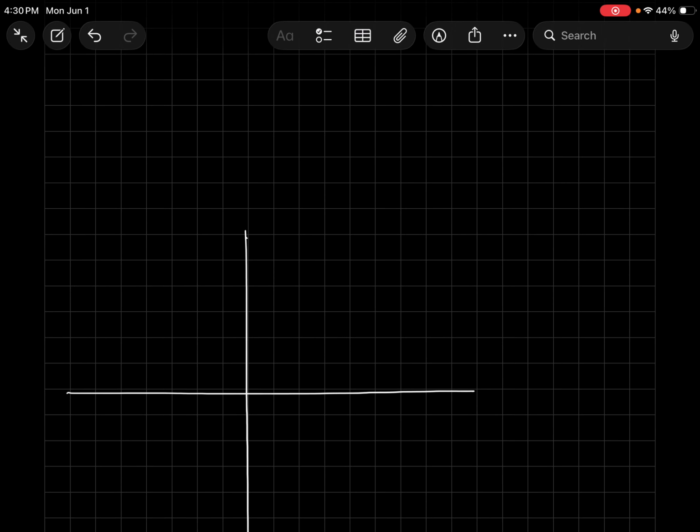Let's do another graph. Let's look at f of x equals negative x plus 5 cubed times x minus 2 squared. What is the degree of this polynomial?